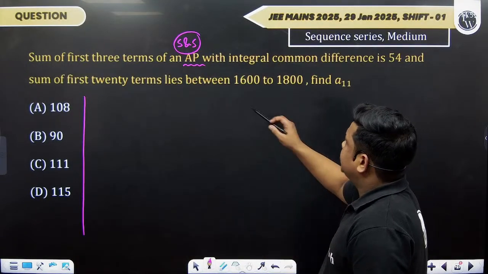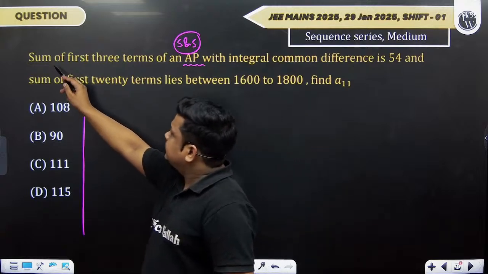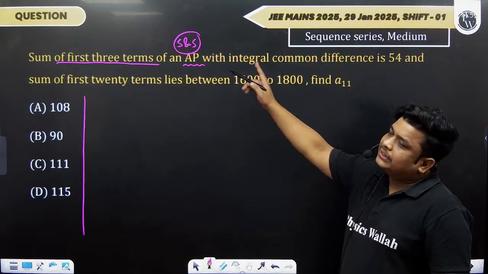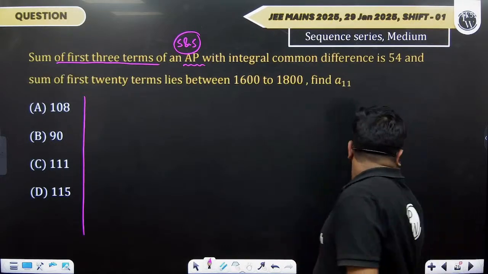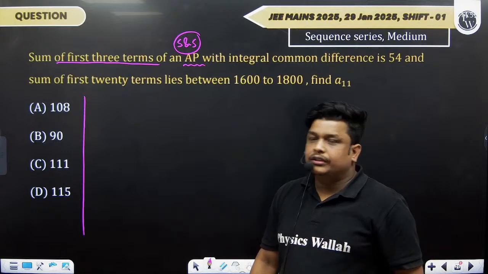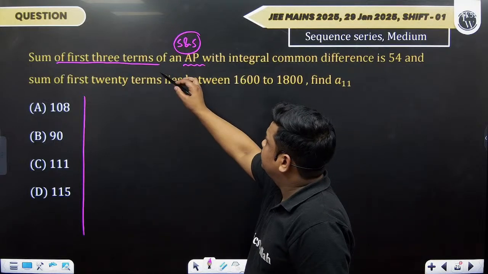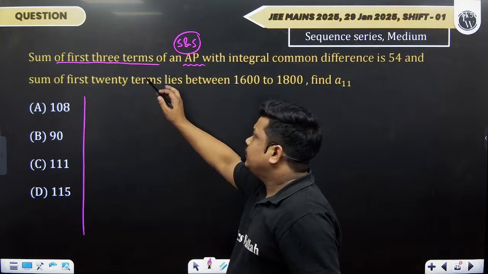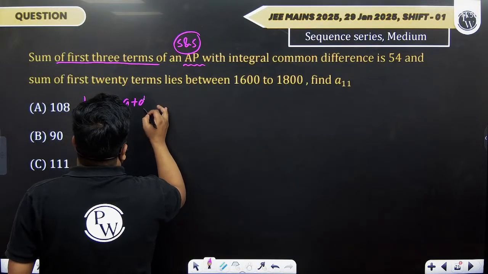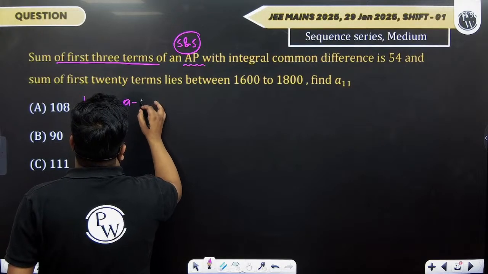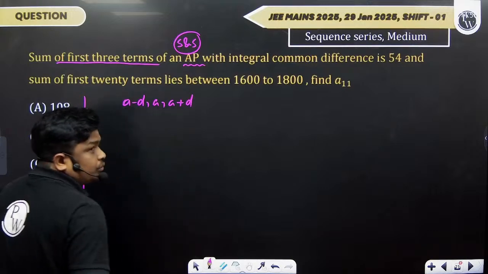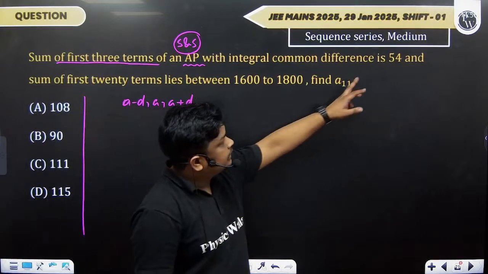Now let's study the question. This is saying the sum of the first three terms of an AP. Whenever you see this kind of thing, the first thing that should come to your mind is that the three terms I will assume as A minus D, A and A plus D. Once you have assumed these three, the sum of them is given as 54.